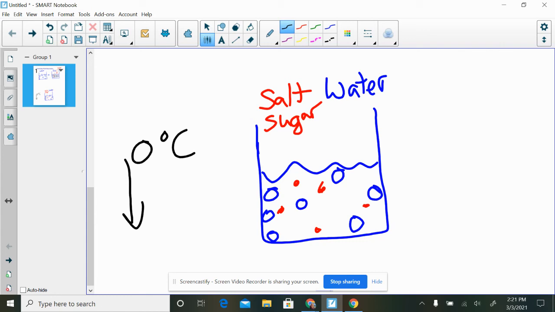So maybe now it's like -5 degrees Celsius, which explains why the ocean doesn't actually freeze very easily. I've never personally seen the ocean completely frozen around us, but around us I have seen lakes frozen that don't have salt in them. So this is freezing point depression. It's going down. It's harder to freeze salt or sugar water.